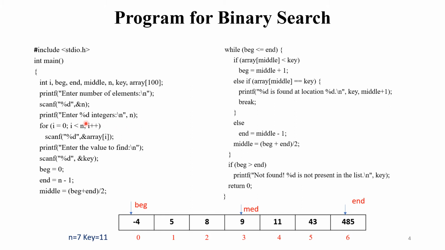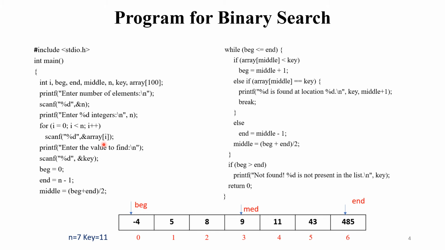So here our n is 7. So the output is enter 7 integers. Using a for loop, i is equal to 0, i less than n, i plus plus. So here i starts from 0, i less than 7. So i moves from location 0 to 6. Next is scanf %d, address of array of i.